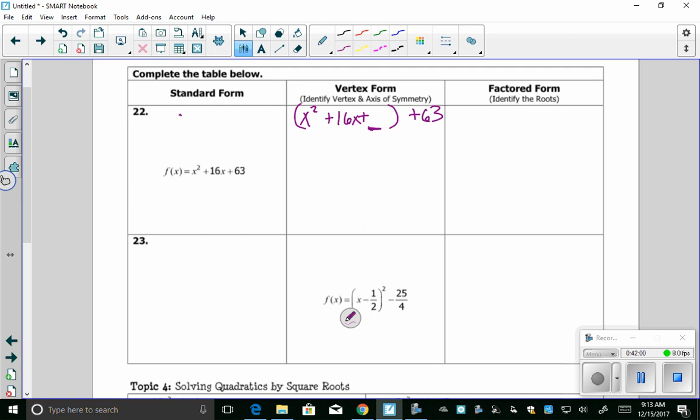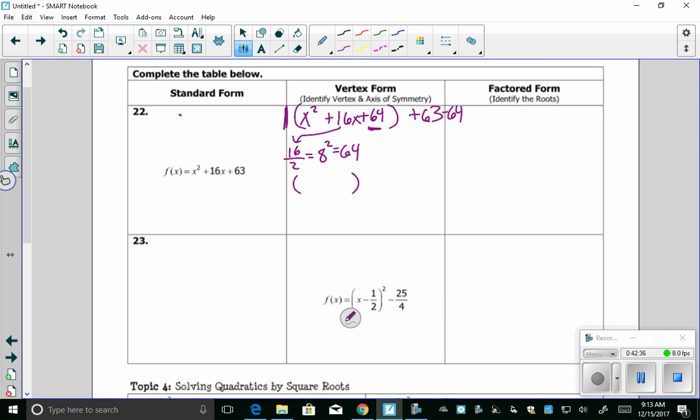What gets put in the blank is 16 divided by 2 equals 8. 8 squared is 64. So 64 gets put in the blank. What is out here, you multiply 1 times 64, which gives me positive 64, subtract it. So now I can factor this.